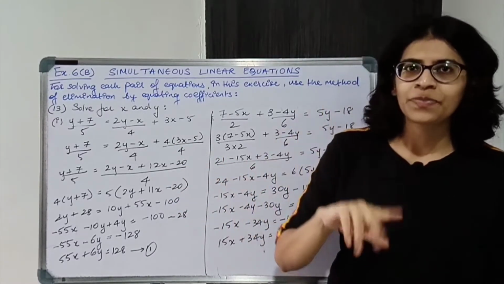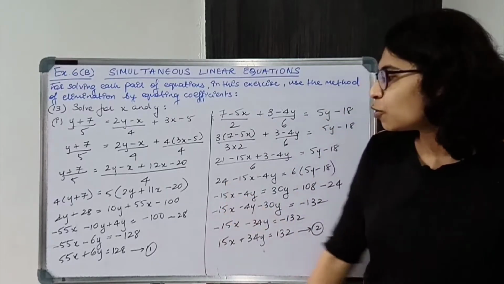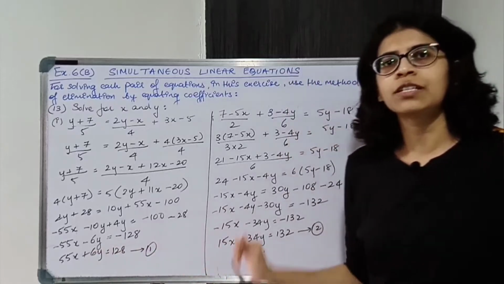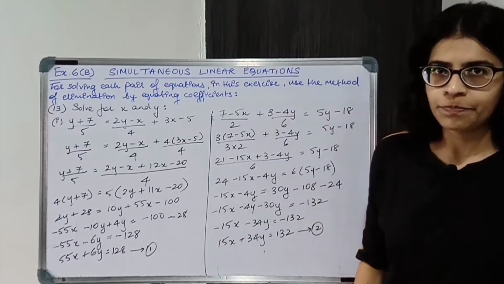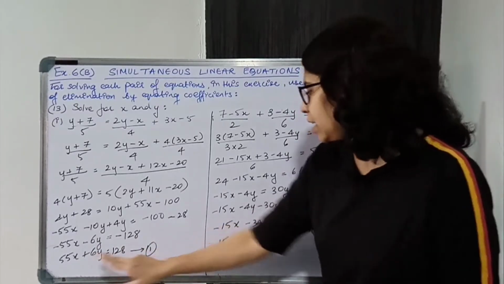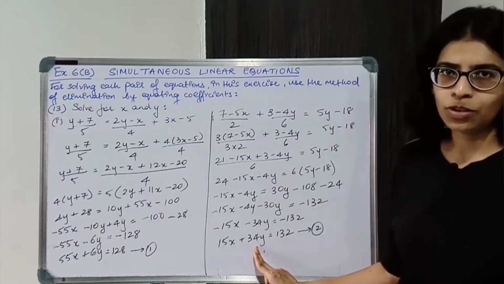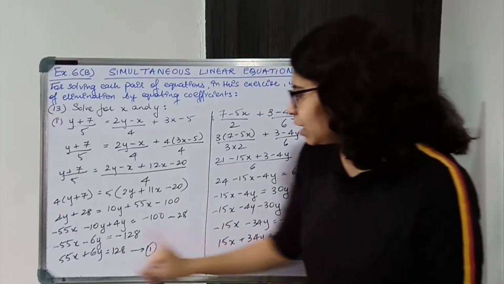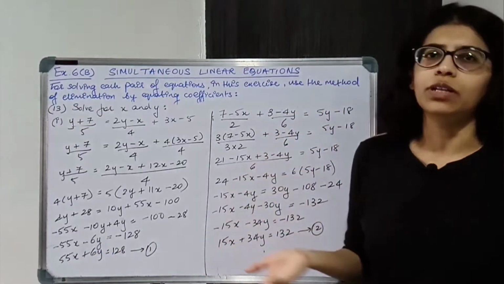This was the first step. Second step, we are going to make the coefficients equal. Take any one variable from both equations, and make its coefficient the same. So make the coefficient of x the same, or the coefficient of y the same, depending on which one you want to make equal. Let's make the coefficients of x equal.